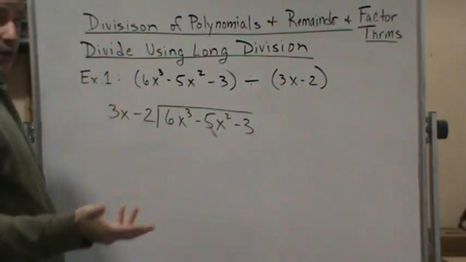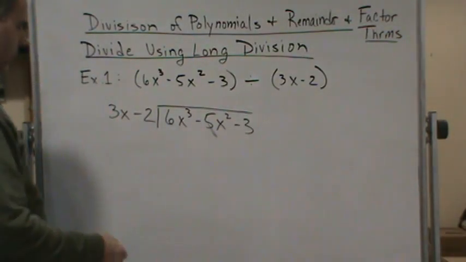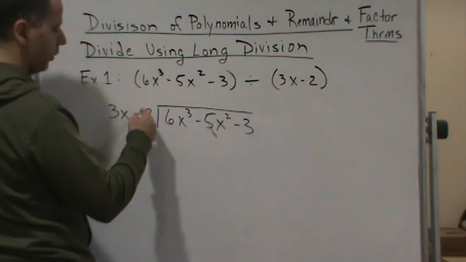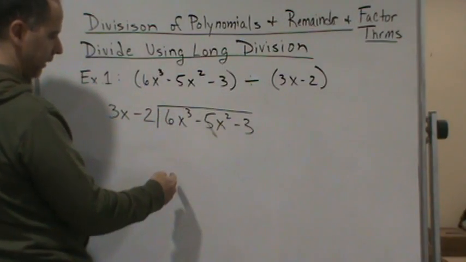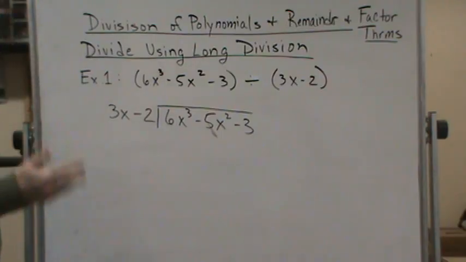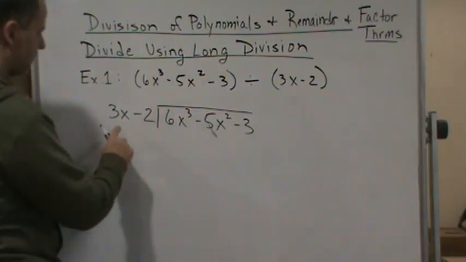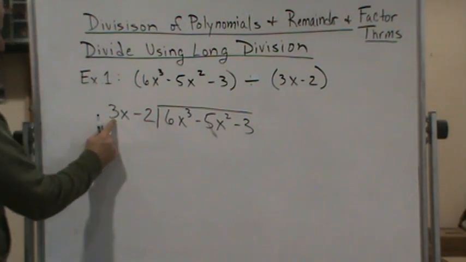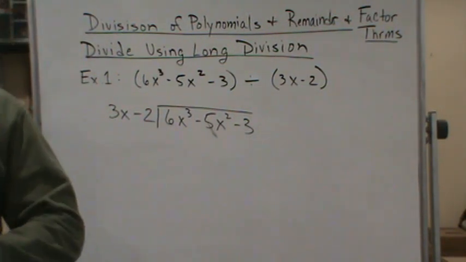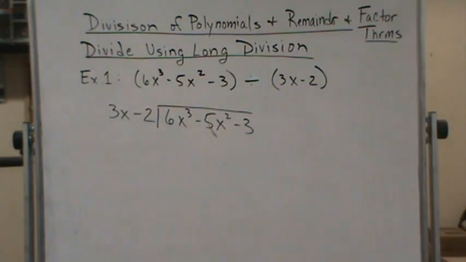Remember, the division algorithm for numbers is: you divide, multiply, and then subtract, and then you divide again. We keep doing this over and over again until we get a remainder, whether it's 0 or not. So let's do this. What would I need to multiply 3x by in order to get 6x cubed?